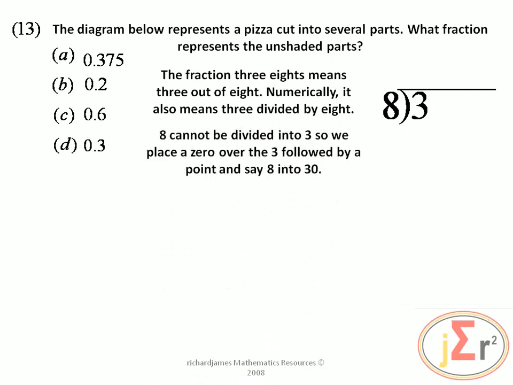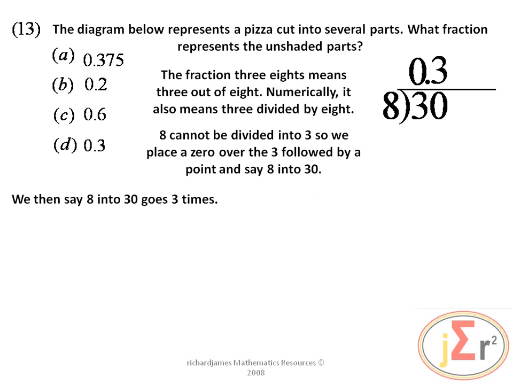So we are going to say 8 into 3. 8 cannot be divided into 3, so we place a 0 over the 3, followed by a point, and say 8 into 30. So 8 into 30 goes 3 times.